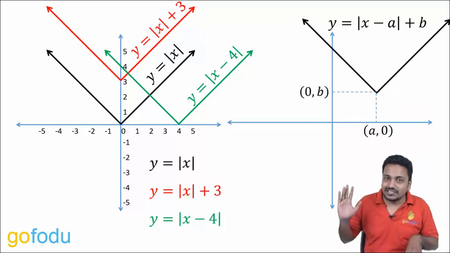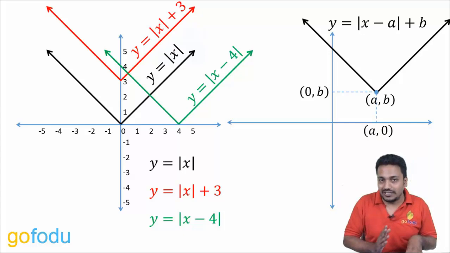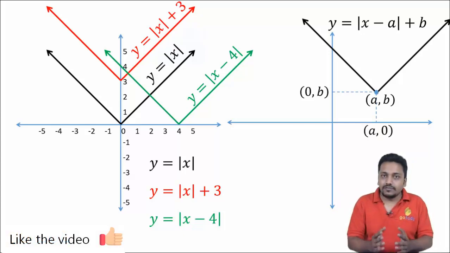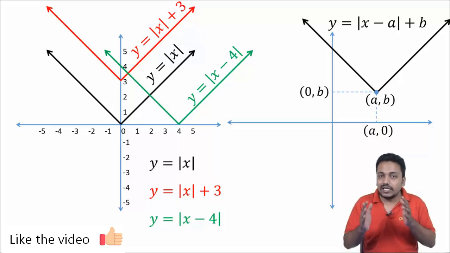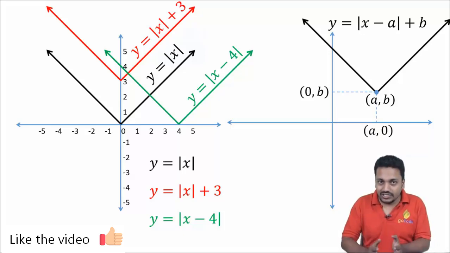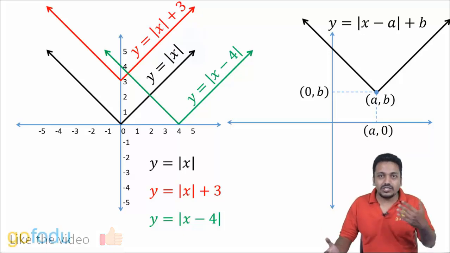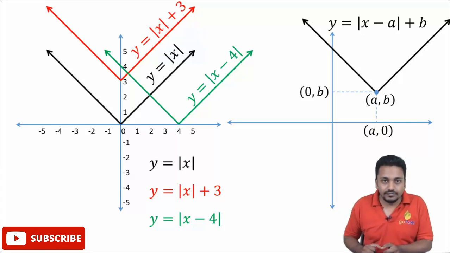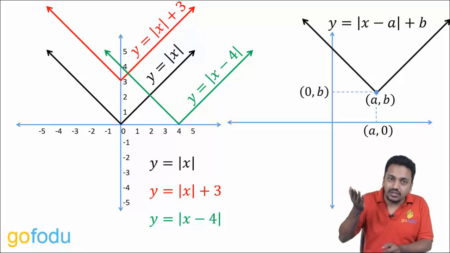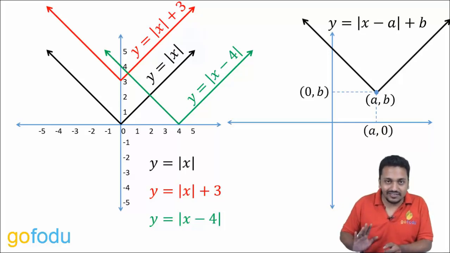Now this minima is nothing but point a comma b. This is simple, right? If something is added to or subtracted from the x value inside the mod, our origin shifts towards the left or towards the right. If something is added or subtracted from the overall y value, our graph moves upwards or downwards. Okay?